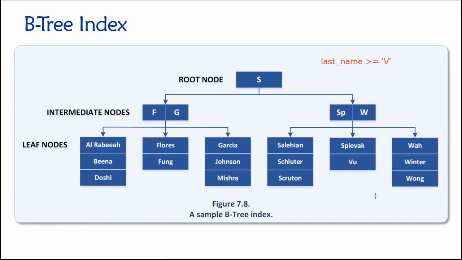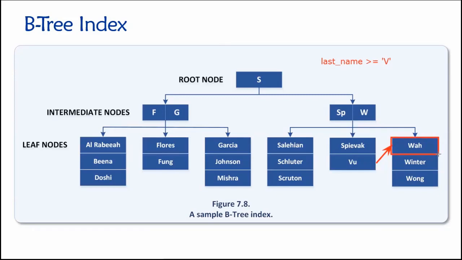A modified version of this, and this is the type that SQL Server uses, has a pointer at the last item in the leaf node to the first item in the next leaf node. If it's alphabetically ordered like this, I would find the first item in my search results, VU, and then it would tell me, just look right here for the next one.